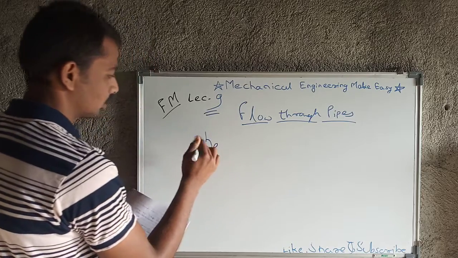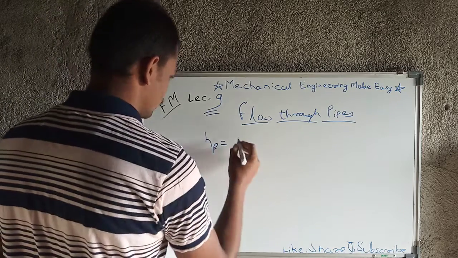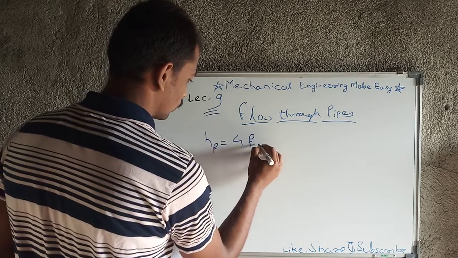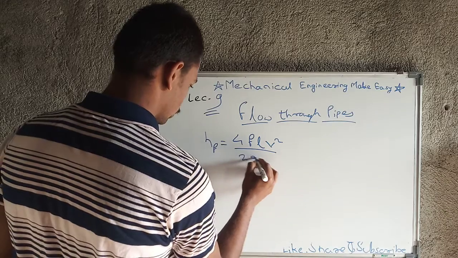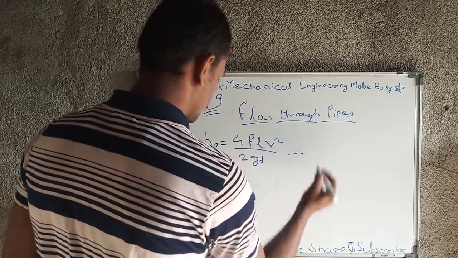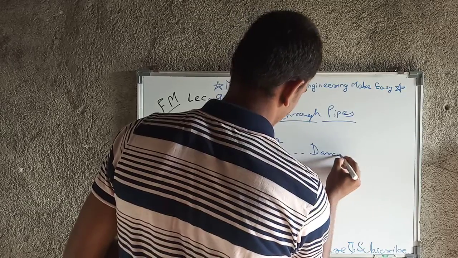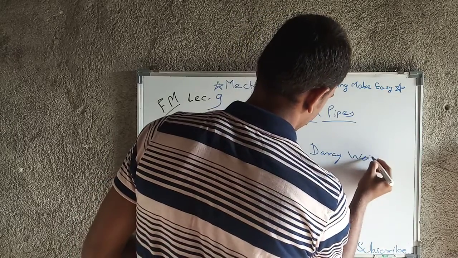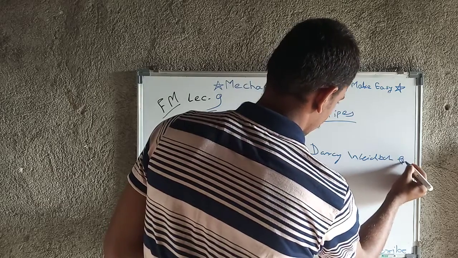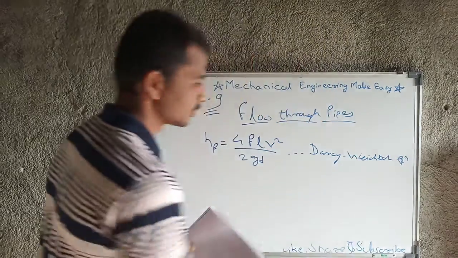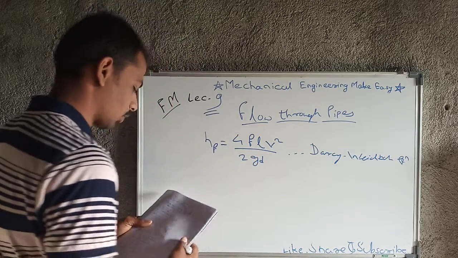This is loss of head due to friction, denoted by hf, which is equal to 4fLV squared upon 2gD. This is the Darcy-Weisbach equation.